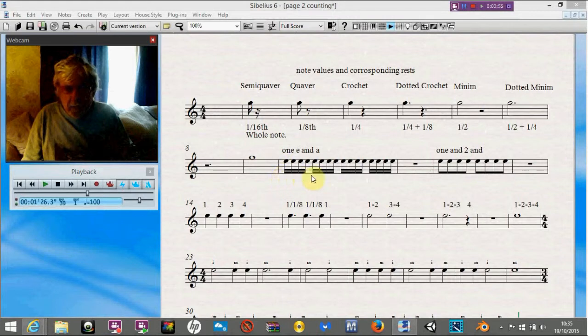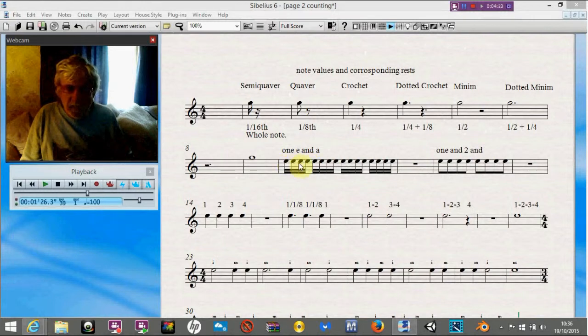Now in here we have 16th notes. Each crotchet in your 4/4, 4 beats, 4 quarters, 4 crotchets in this measure, is subdivided into 4 16ths.